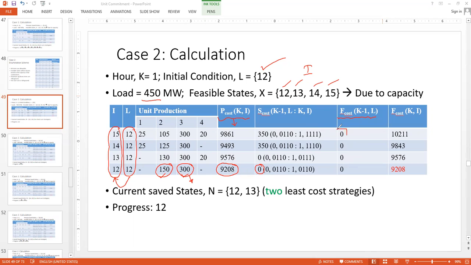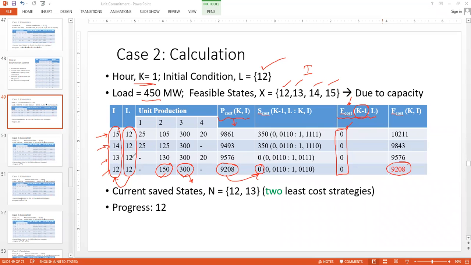We actually haven't any stored value there, so we will assume them to be 0 for all the I values. At this stage, hour number K equals 1. K minus 1 means the initial status, and we don't have any information regarding that, so we assume 0. Then we calculate the F cost Ki. Simply you add up 9208 plus 0, so it remains as 9208.